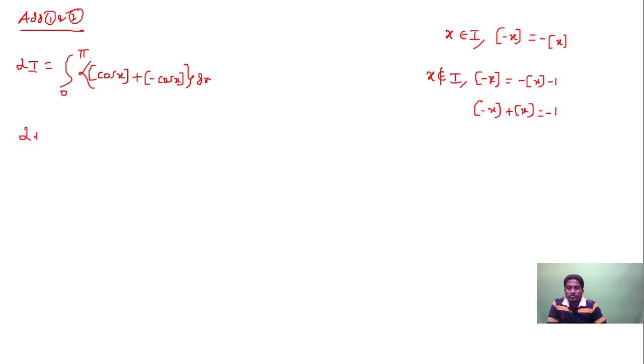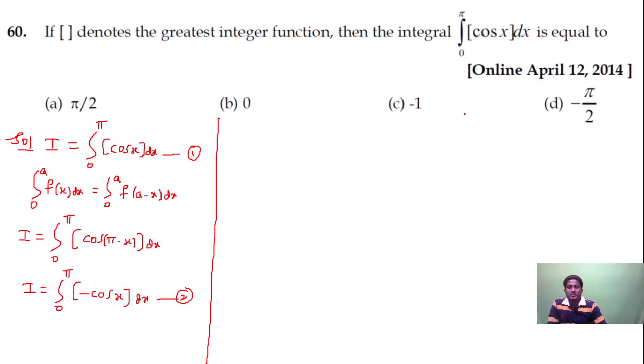So 2I is equal to integration 0 to pi, minus 1 dx. Integration of dx is x, between the limits 0 to pi, you get I is equal to minus pi by 2. Lower limit is 0. Okay, the answer is the last option D. Thanks for watching, guys.